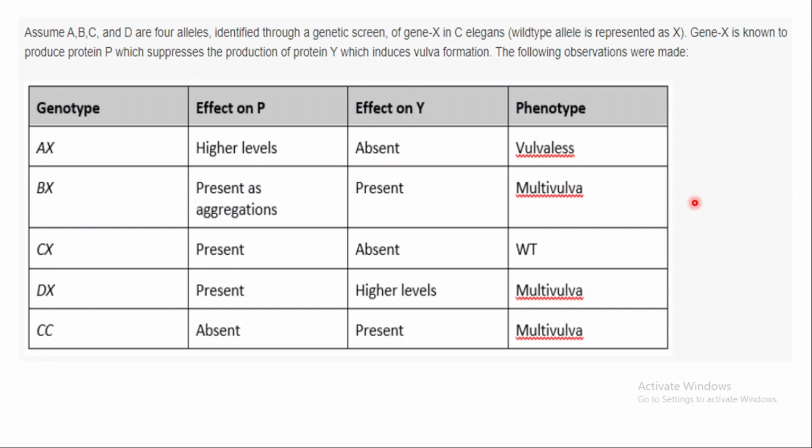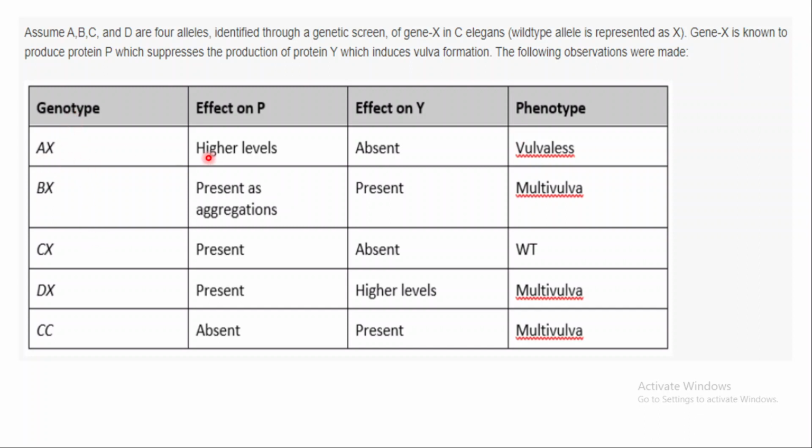So this statement is very important. You have to draw out the hierarchy. Gene X produces protein P, which suppresses production of protein Y, which induces vulva formation. So this is the statement, and this is the following observation that were made.